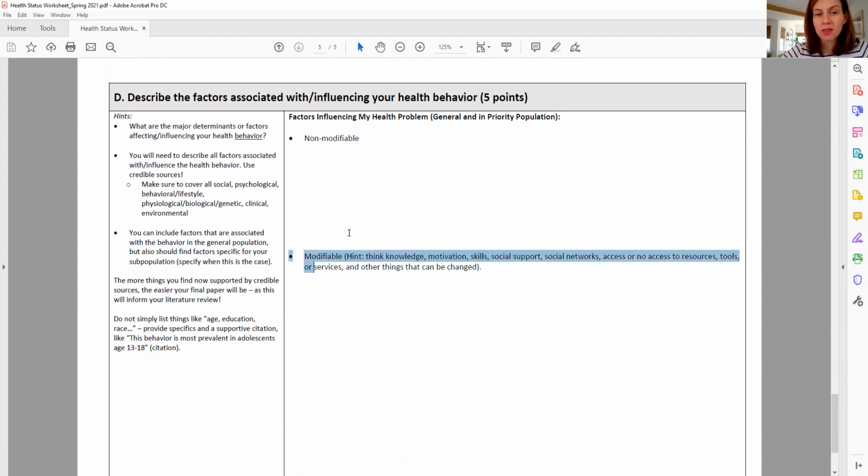In this modifiable determinants section, there should be a lot of things, and you can look in the literature. For this, I would look in the literature, not within the CDC so much as within Google Scholar and maybe PubMed. Look for peer-reviewed articles that have looked at determinants of smoking among adolescents, for example, and that's where you'll get a lot of this information.